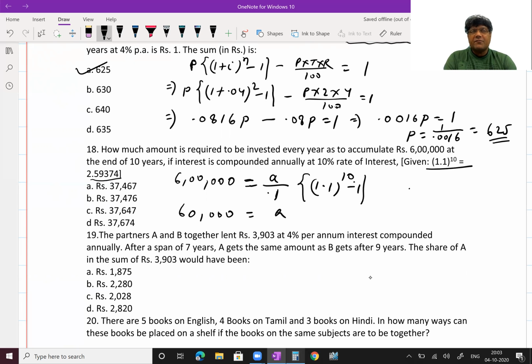2.59374. So your answer will match with their answer point to point, paise to paise, only if you use their value. So their value is 2.59374. So here if I put 2.59374 minus 1, it will be 1.59374. So our answer A is equal to 60,000 divided by 1.59374.